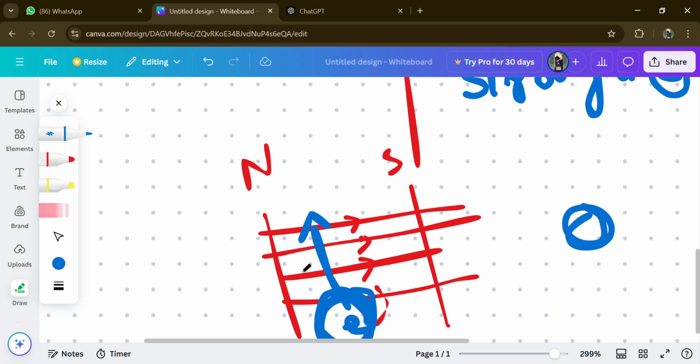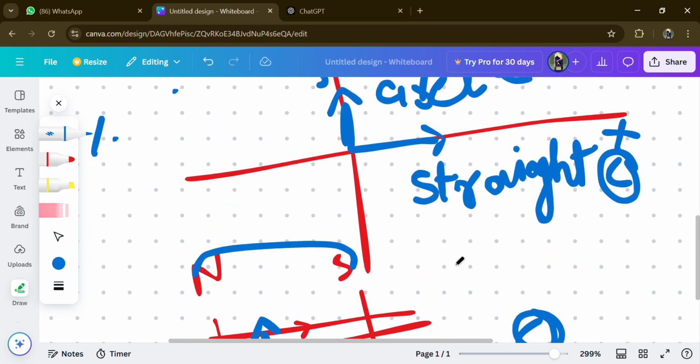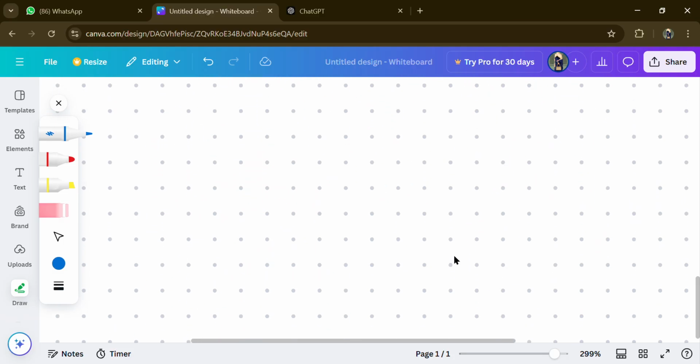But if an electron is moving along the axis, from north to south, the electron will move along the magnetic field. These two concepts, I hope it's clear to you.